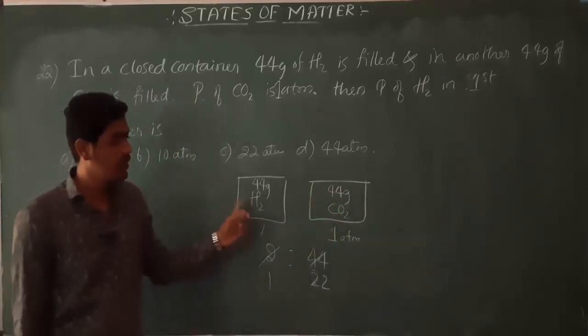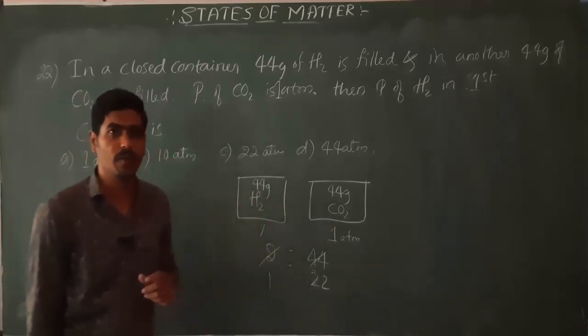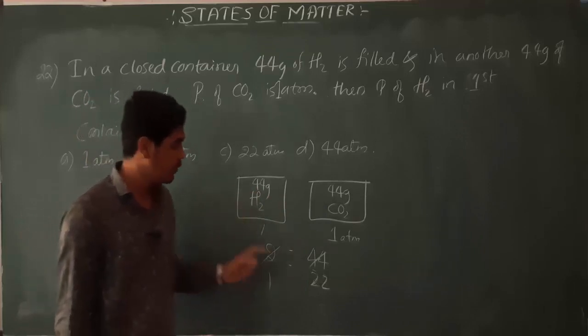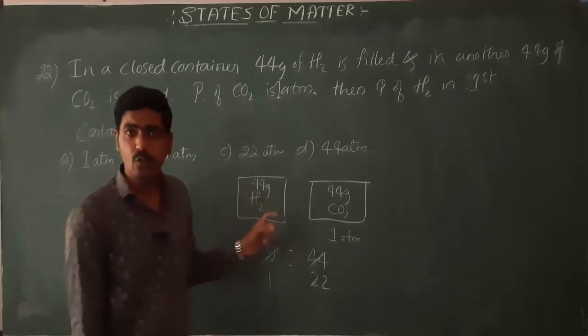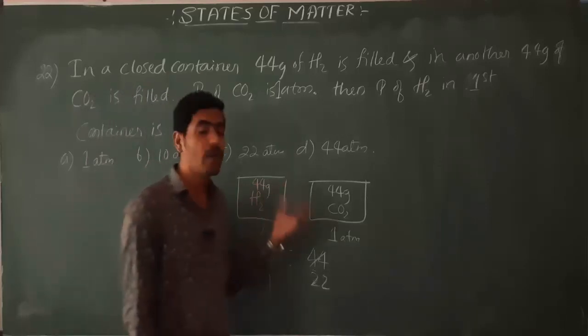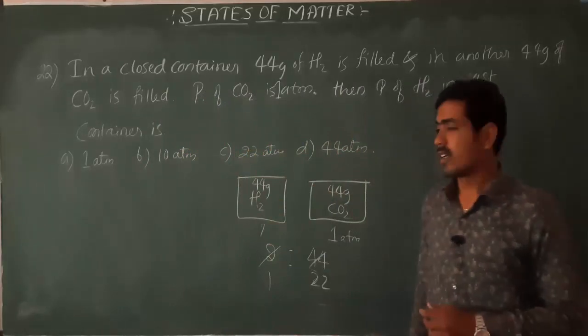But here there is a presence of 22 moles of hydrogen. Each mole of hydrogen will exert a pressure of 1, and hence with 22 moles, therefore 22 atmospheric pressure is there inside this container.